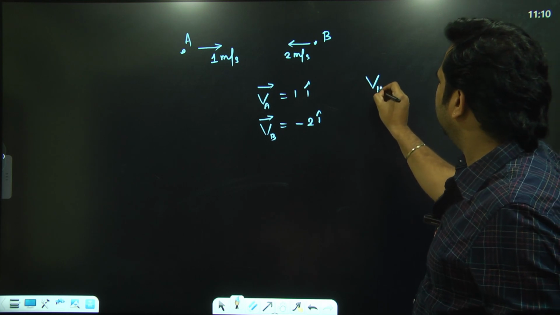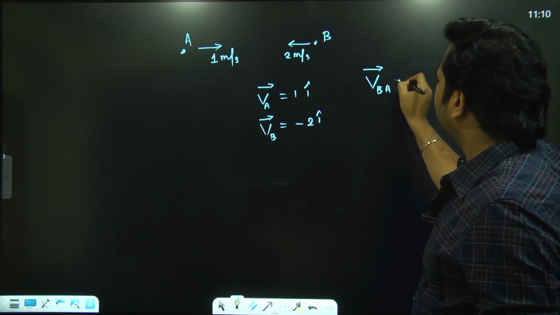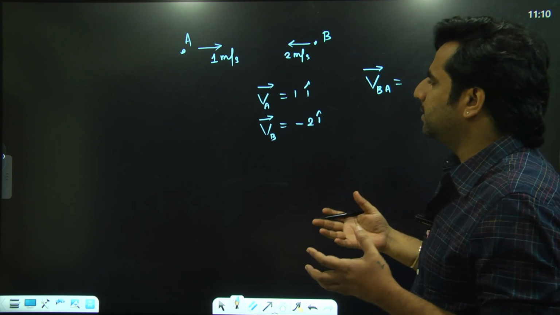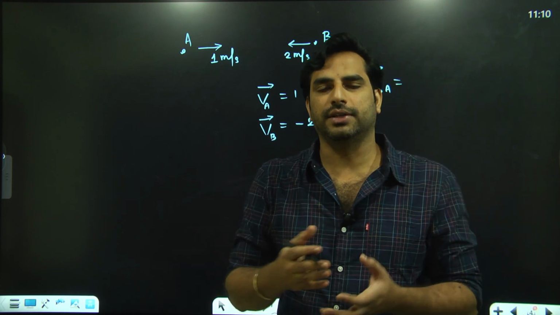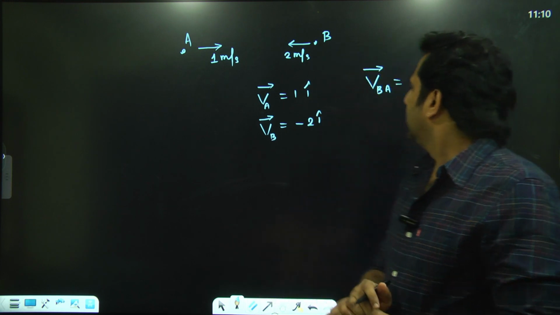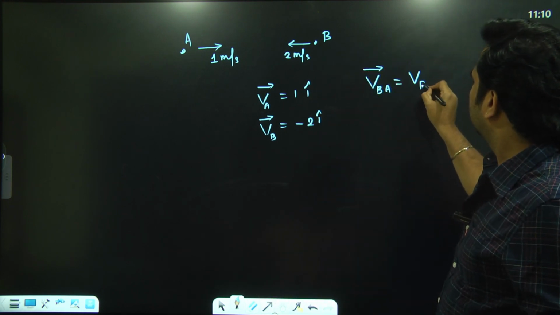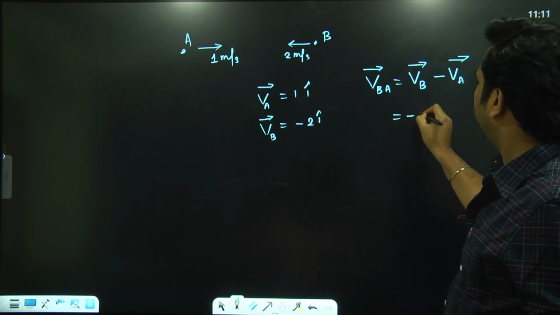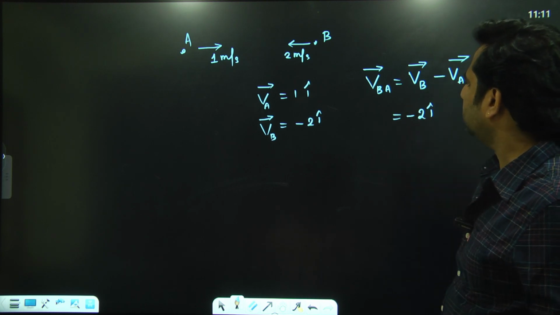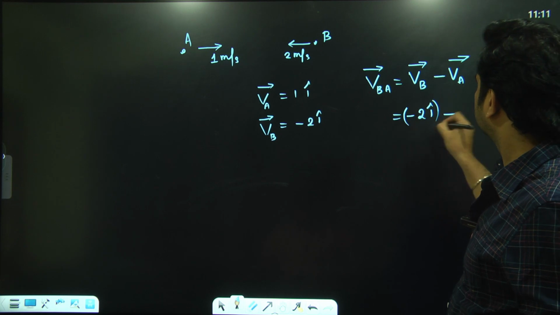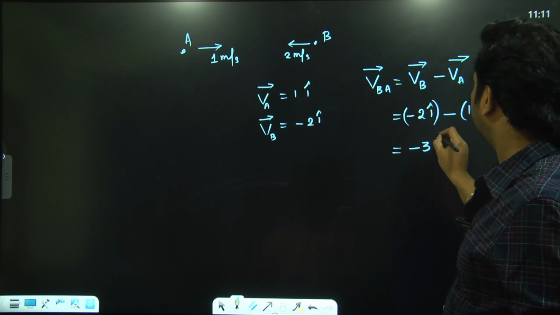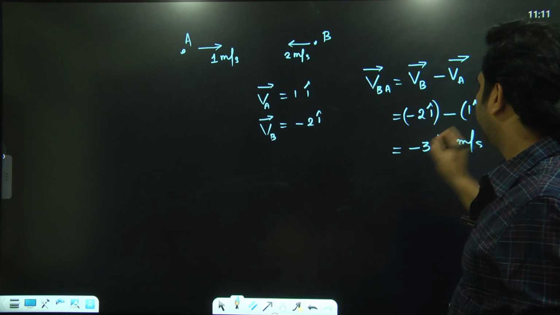So velocity of B as seen by A. Now this is obviously A and B moving towards each other, the distance between them goes on decreasing. And V_B bar minus V_A bar gives us minus 2 i cap minus 1 i cap, that is minus 3 i cap meter per second.